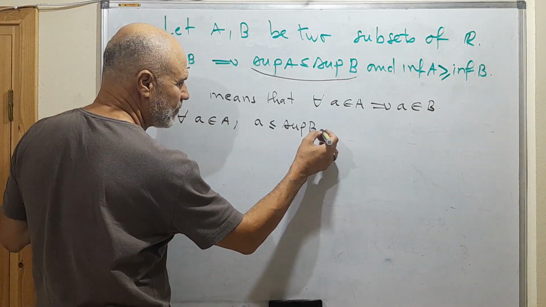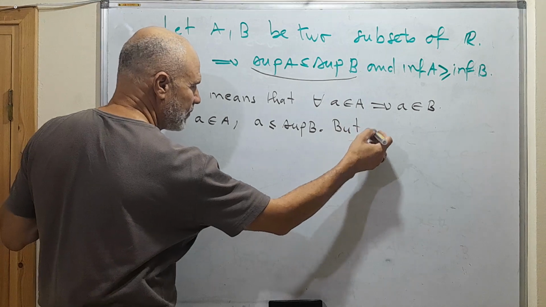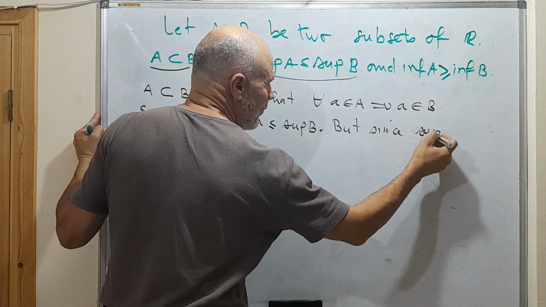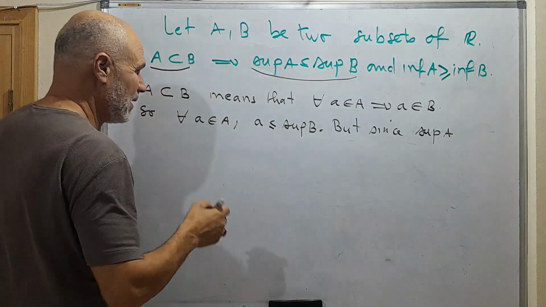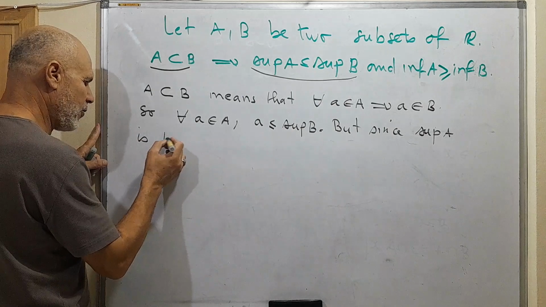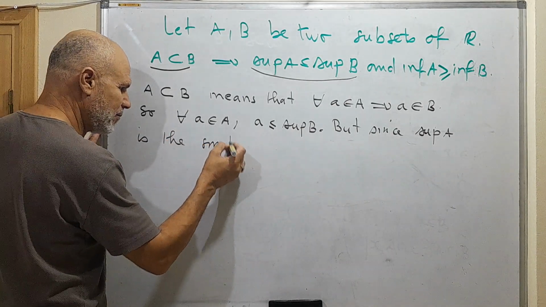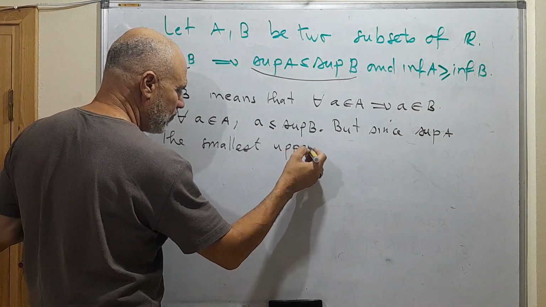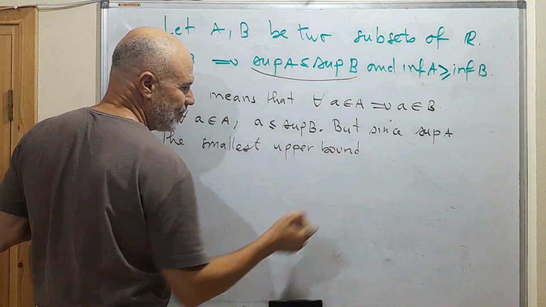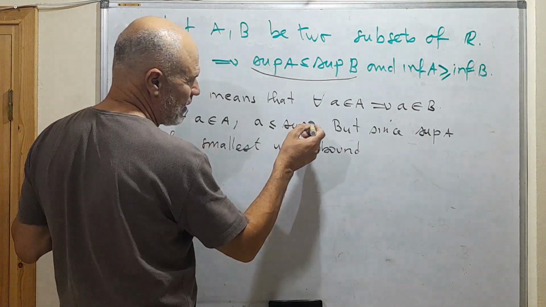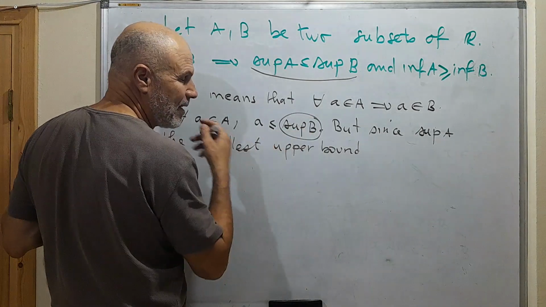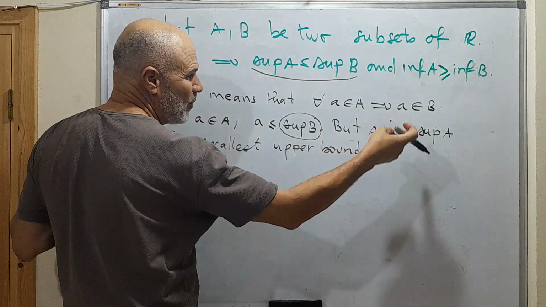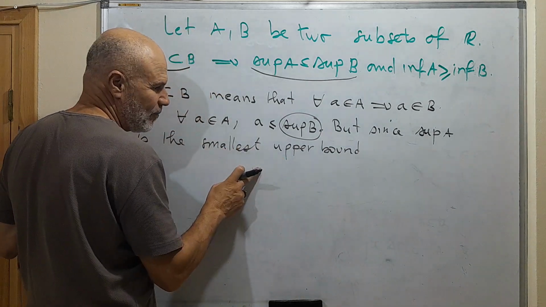But since the supremum of A is the smallest upper bound, in this case the supremum of B is considered as an upper bound of A, but the supremum of A is the smallest one.